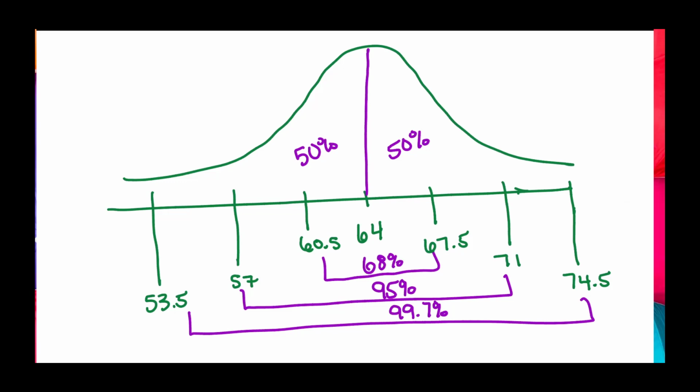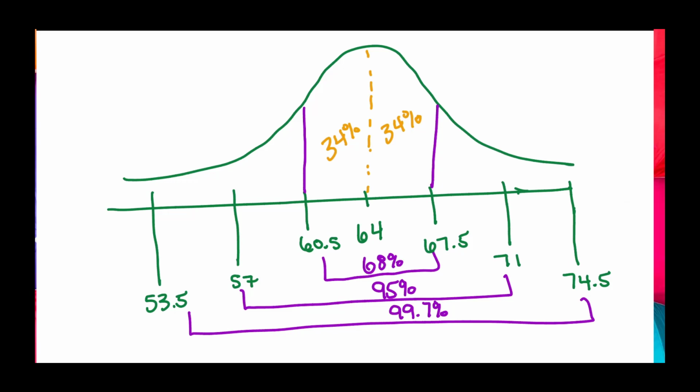I'm going to take this a little bit further before we start answering the questions. Let's say between here and here, we know that that is 68% of the data. But if I split this in half because it's symmetrical, I could split the 68 in half, and you have 34% on this side and 34% on this side.